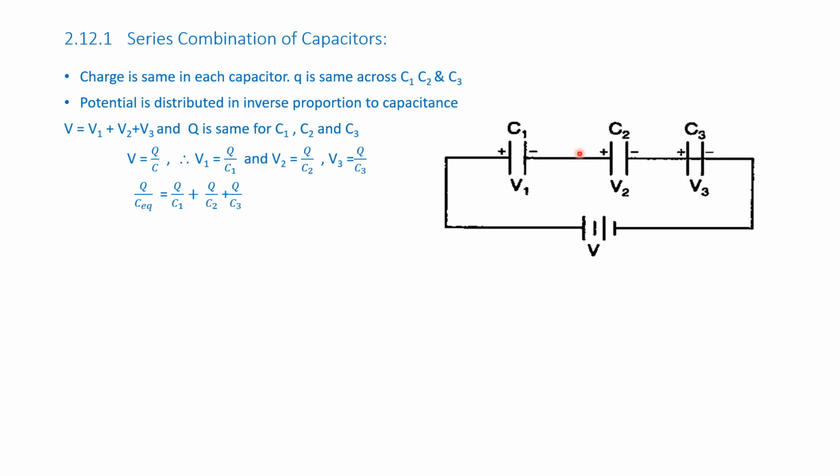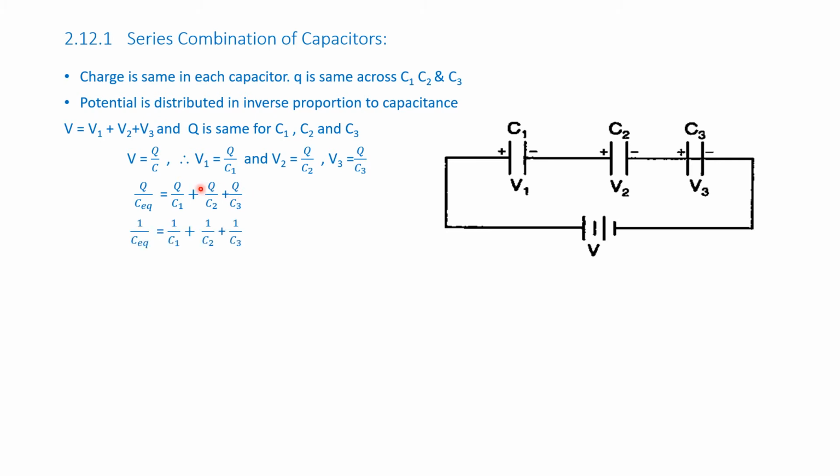Therefore, combining, we get Q divided by C equivalent. Here V, its value is Q over C, and we call it C equivalent, that is, the combination Q over C equivalent equals Q over C1 plus Q over C2 plus Q over C3.